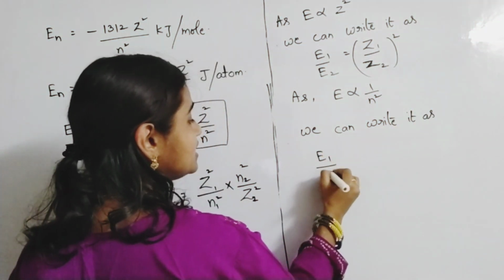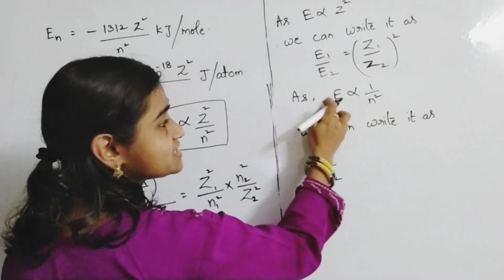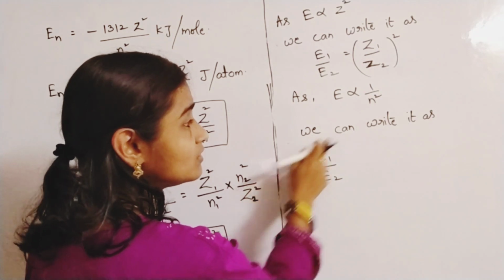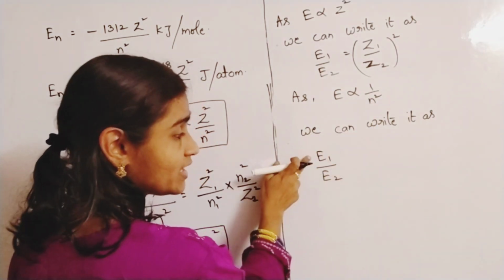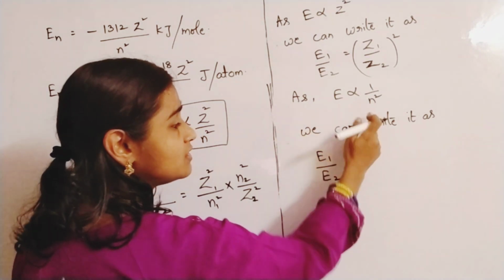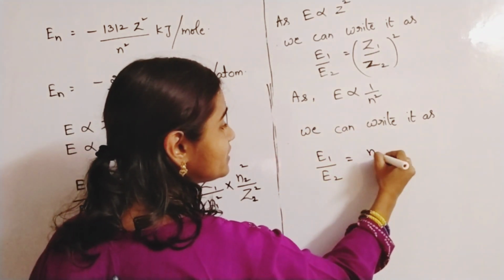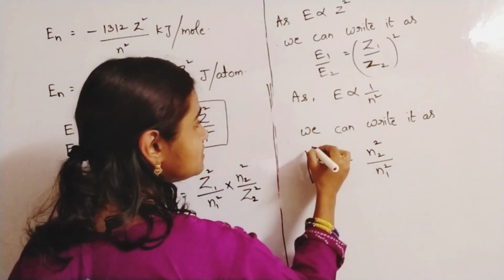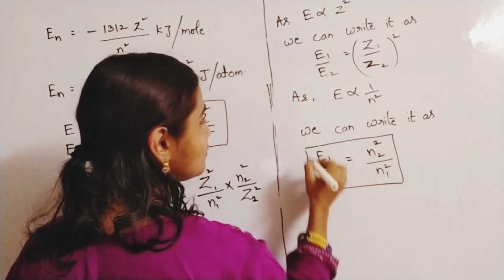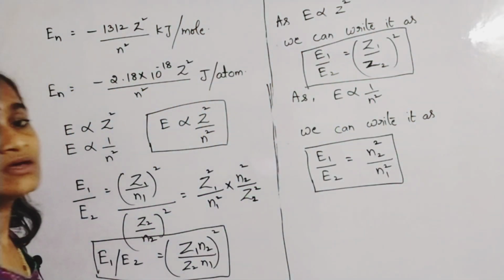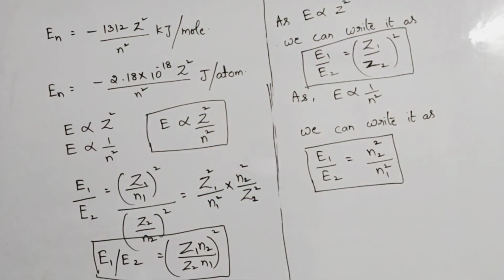If you are writing 1 on the numerator, N1 should be in the denominator, opposite. So this becomes N2 square by N1 square. This also you can write as one of the equations. All these equations will be very useful for doing numericals.